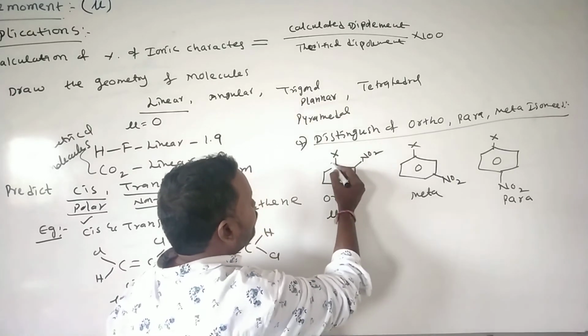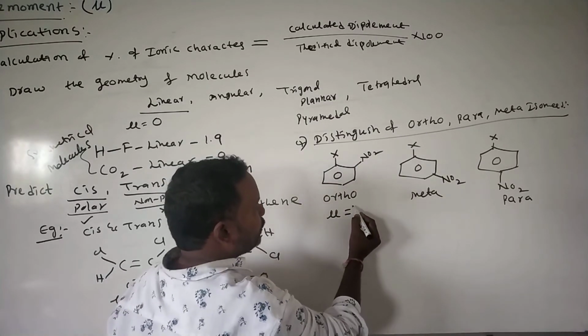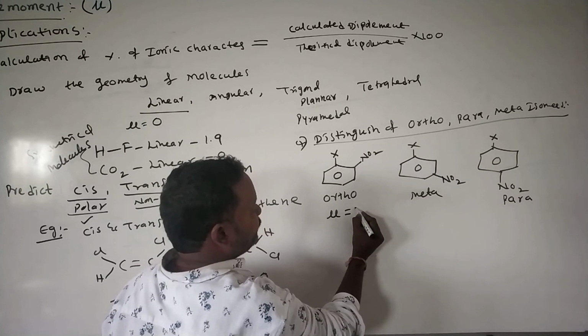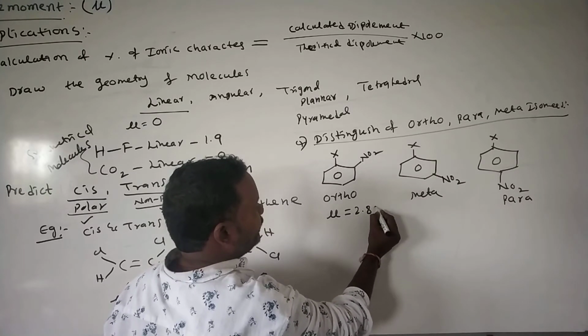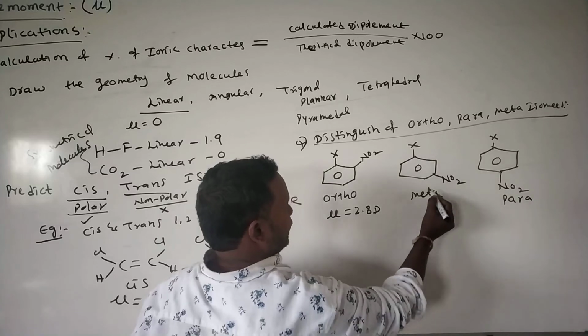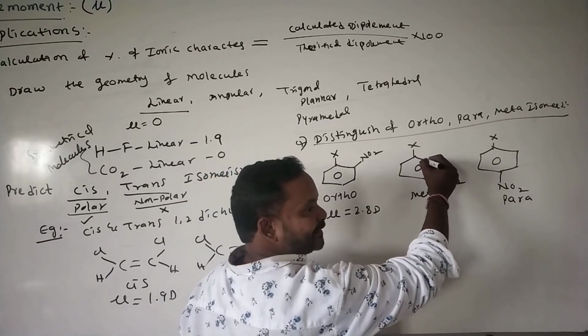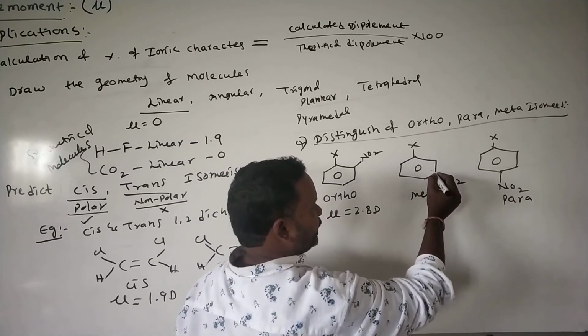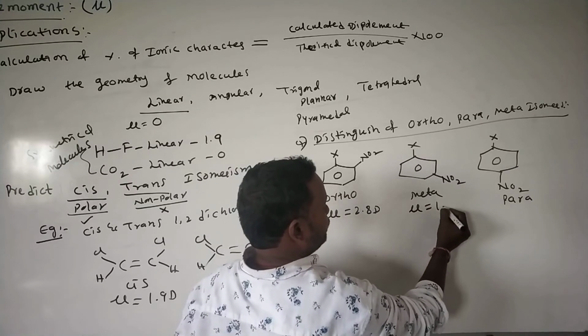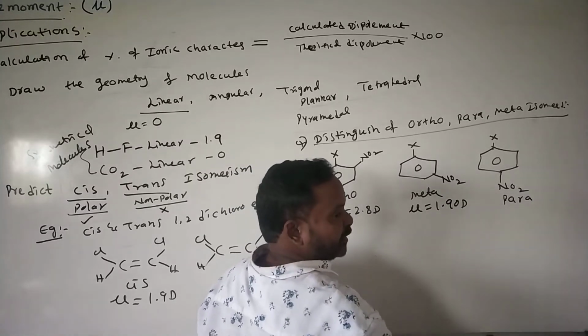That's why the dipole moment value is also more, nearly for example 2.8 debye. Here not near to each other, one carbon left here, so the dipole moment value here is 1.90 debye.